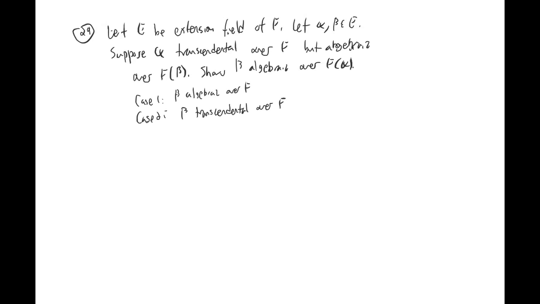If beta is algebraic over F, it should be a one-line proof. So why is beta algebraic over F of alpha?